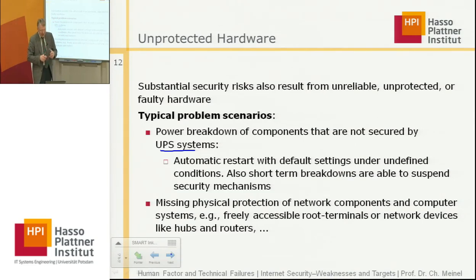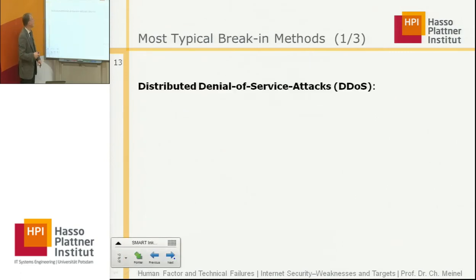A missing physical protection of network components, of routers, of computer systems can cause problems. So the freely accessible root terminals or network devices like hubs and routers provide an easy way for an attacker to physically attack an IT system.